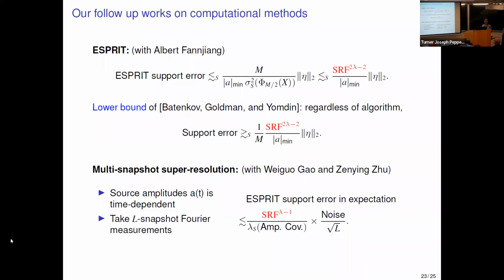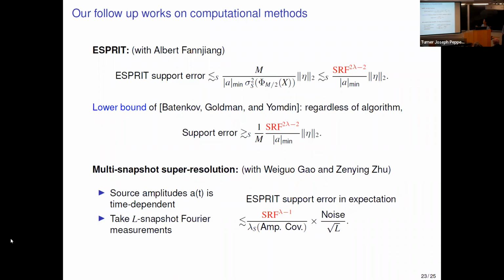We also extended our work in several directions. With Professor Albert Wenjing, we looked at the ESPRIT algorithm, which is a very well-known, very classical algorithm. We proved that ESPRIT will give us support error upper bounded by the super resolution factor to the power 2 lambda minus 2, where lambda is the local sparsity times the noise level.